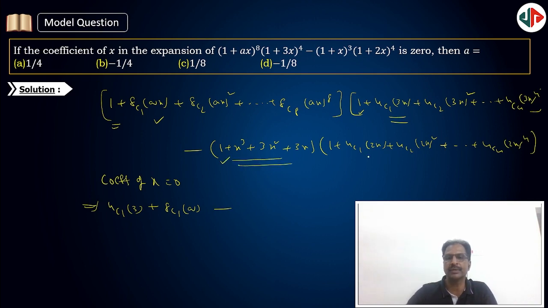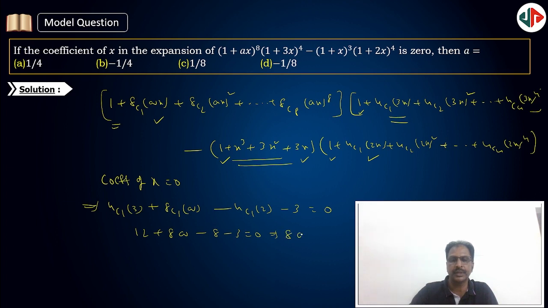When 1 is multiplied with this, that is 4C1 into 2, and 3x is multiplied with this, minus 3. So these are the coefficients of x, which is given as 0. So this is 12 plus 8a minus 8 minus 3 is equal to 0.